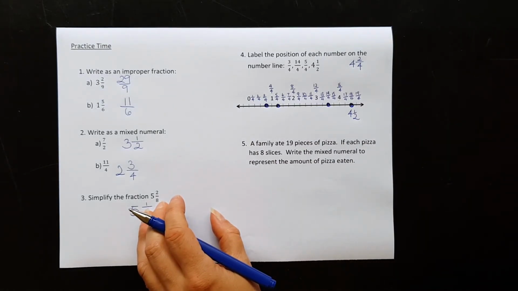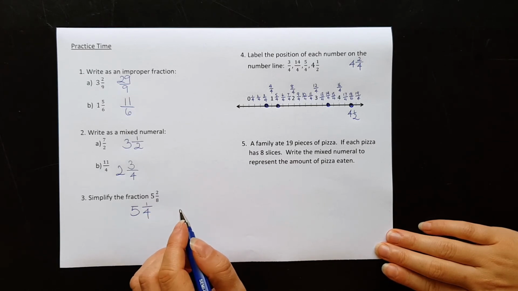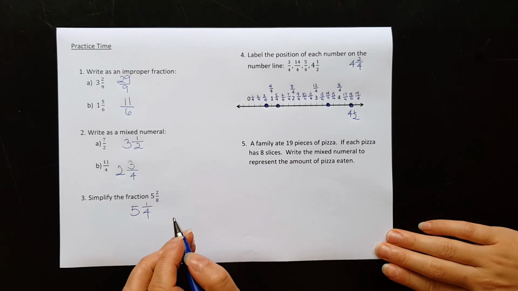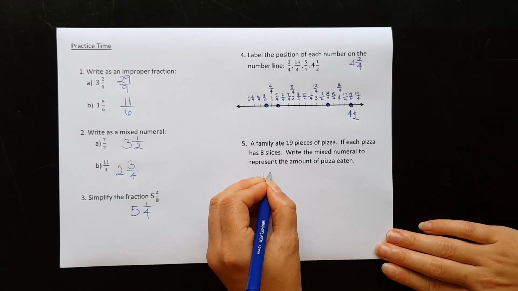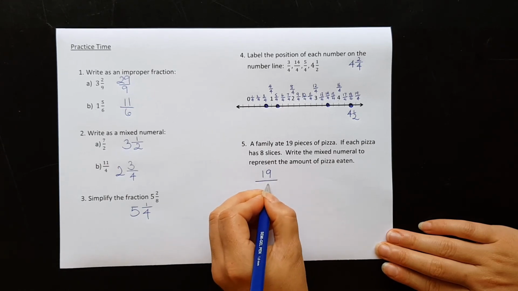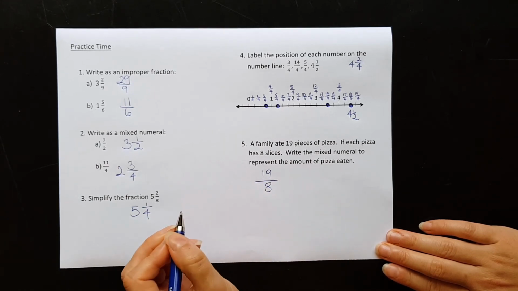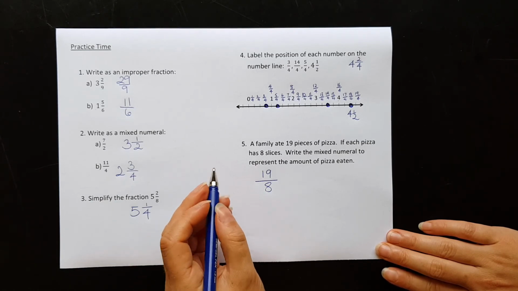Okay, question 5. A family ate 19 pieces of pizza. If each pizza has 8 slices, write the mixed numeral to represent the amount of pizza eaten. All right, they ate 19 pieces of pizza. We need to put that over 8, okay, because each pizza has 8 slices, and we want to know how many pizzas that is.